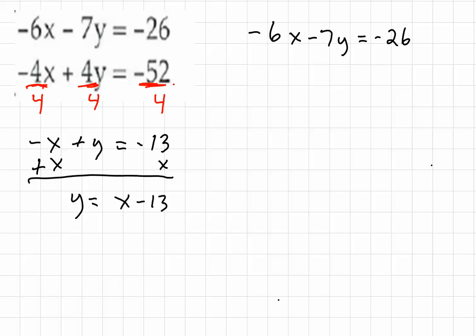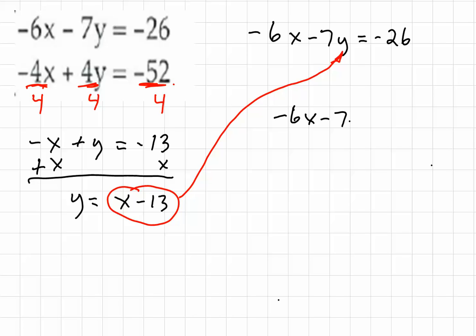So now what we'll do is take this x minus 13 and substitute it for y in that first equation. So we'll have minus 6x minus 7 times x minus 13 equals minus 26.